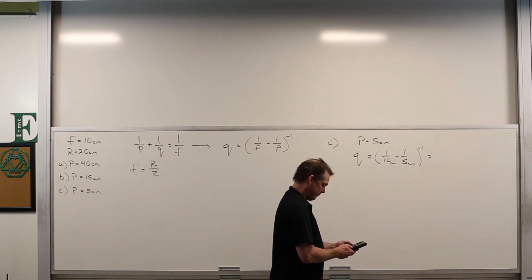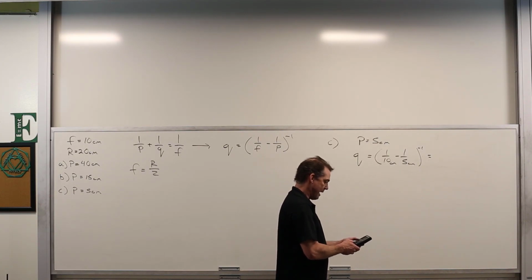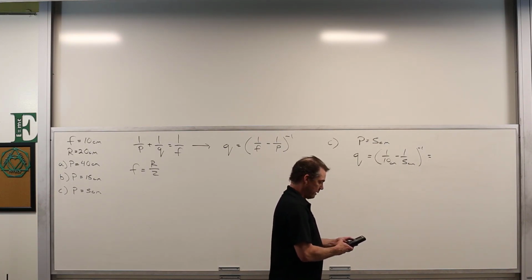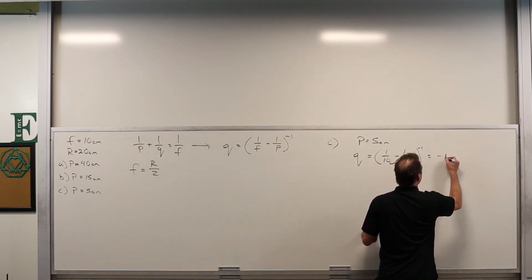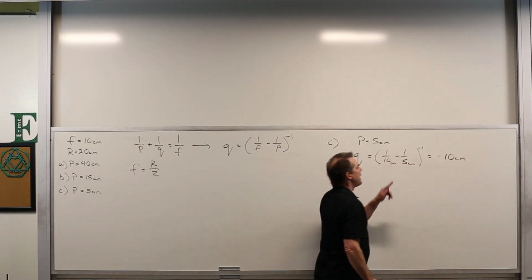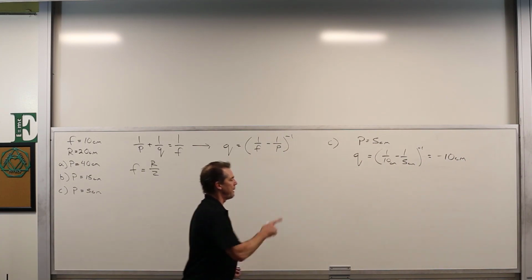Just clear this out. I should just put the answer, but I didn't calculate it. 1 divided by 10 minus 1 divided by 5. That's right. It's a negative 10. Negative. We'll come back to that.